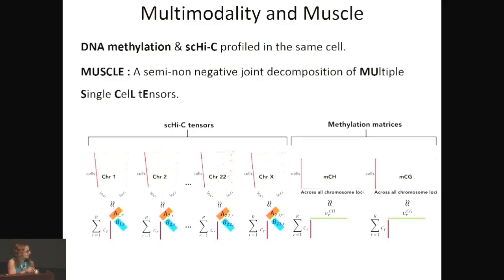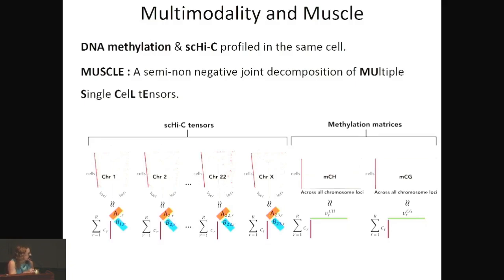So you might have 2 matrices, and if the resolution is not there, methylation is usually summarized at a certain bin level. Okay? A matrix is just a rank 2 tensor, so this framework easily encompasses integration with the methylation.